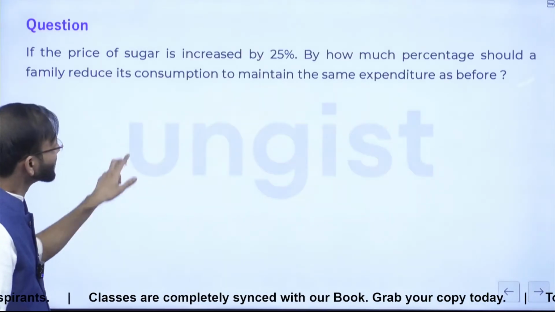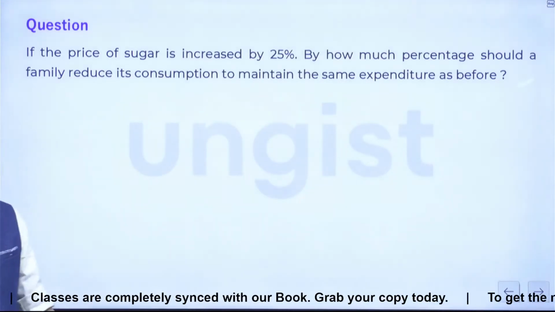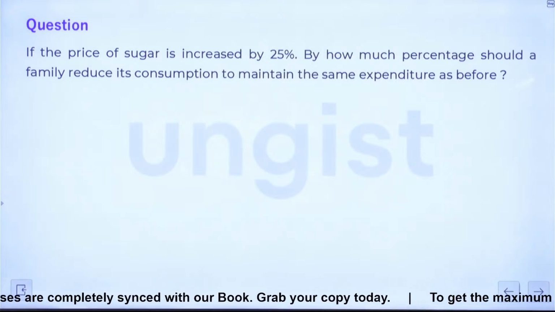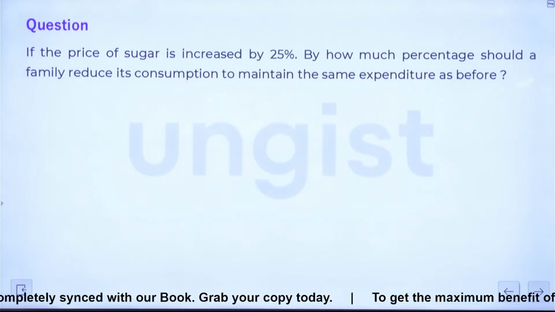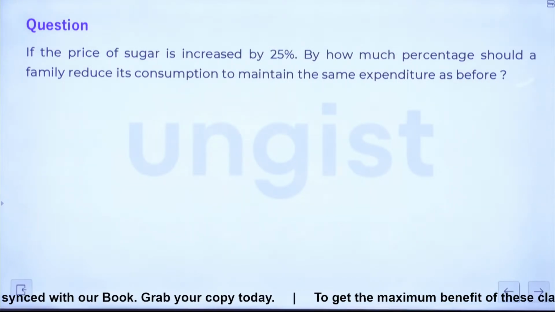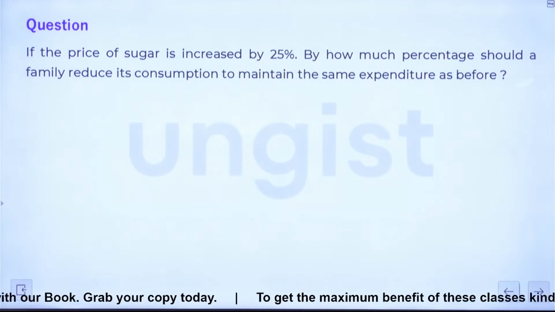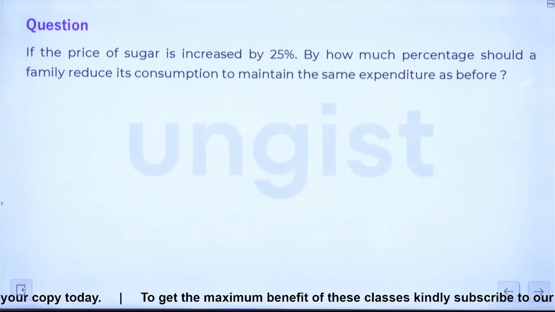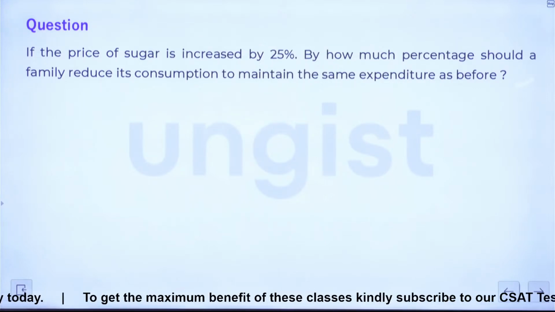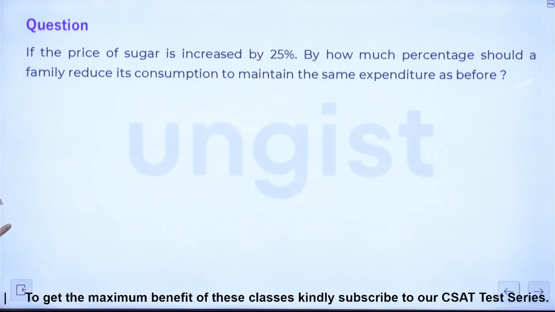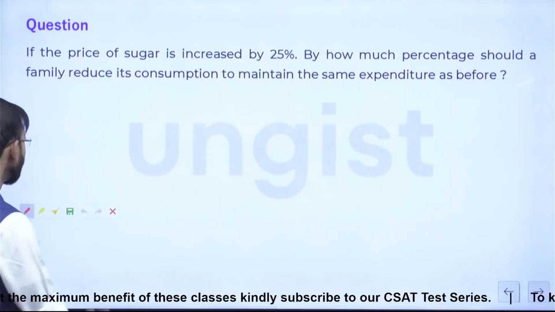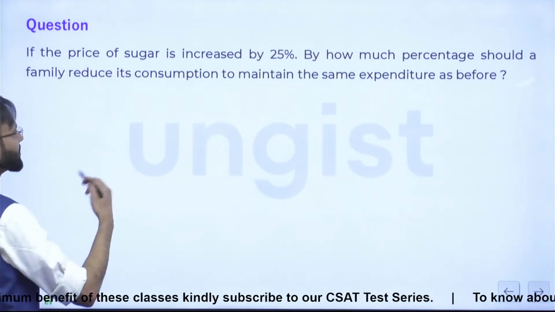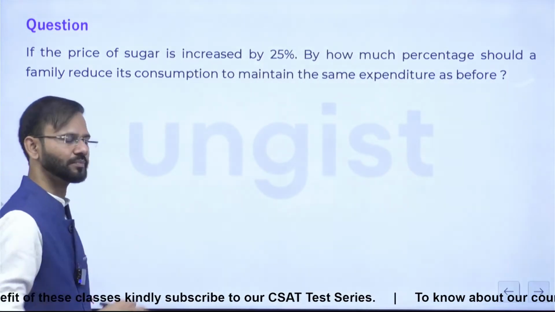Now, just read this question, guys. Don't solve it. Just read. The question is saying, if the price of sugar is increased by 25%, by how much percentage should a family reduce its consumption to maintain the same expenditure?